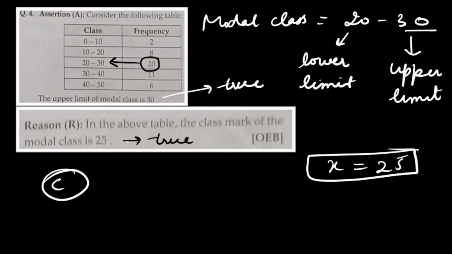Upper limit of the modal class is 30. According to me, it's not 30 to 40 in front of the highest frequency. Highest frequency is 20. Opposite to 20, the class is 20 to 30. Understood.